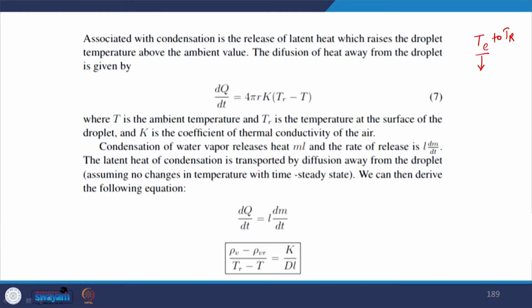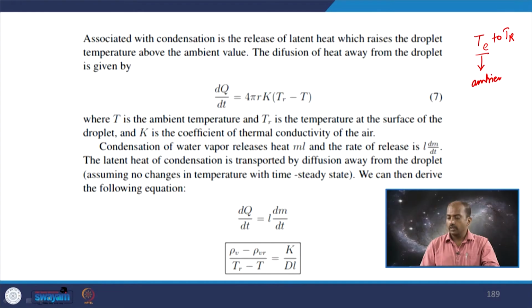In the integration, while identifying the limits, we have seen that the integration is to be carried out from a temperature T e to a temperature T r, where T e is the temperature of the ambience and T r is the temperature at the radius or the surface of the droplet.